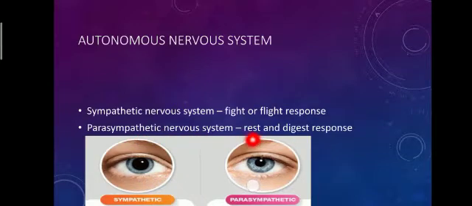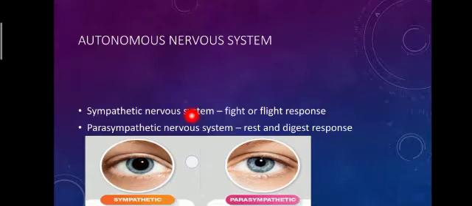All these activities are involuntary, like expansion of the lungs during inhalation. When we inhale, there is an expansion of the lungs. Expansion of the lungs comes under excited mode, so that is controlled by the sympathetic nervous system. When we exhale, our lungs come back to their original shape, and at that time the parasympathetic nervous system acts.